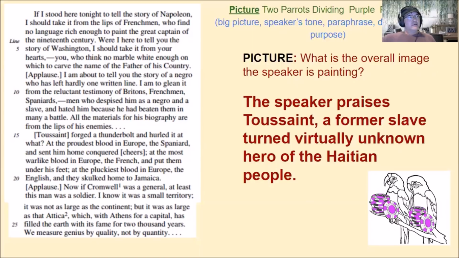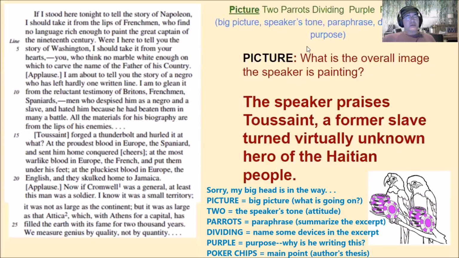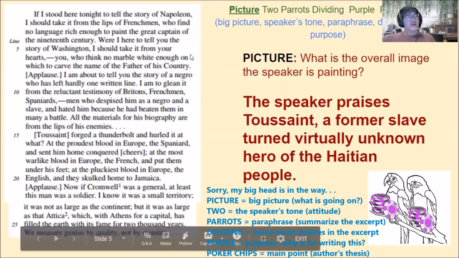Okay, so what goes into an introduction for the rhetorical analysis? If you can remember this mnemonic device and what it stands for, then you should be able to write a solid essay. The first part is picture. What is the big picture? What is going on in this work?